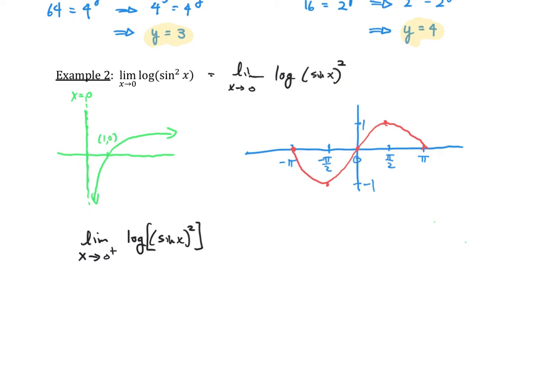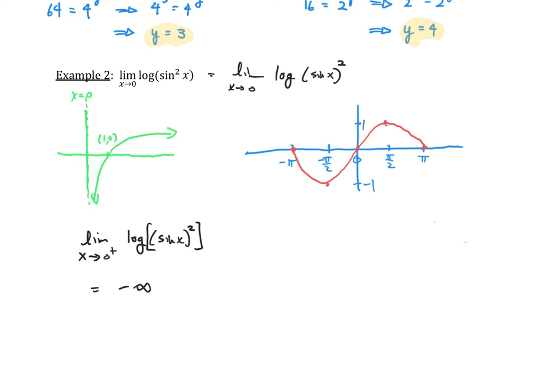What's happening here is that we're plugging in numbers and they're getting closer and closer to 0. When you square them, it still gets closer and closer to 0. As you look at the logarithm graph, the green graph, as you get closer and closer to 0 from the positive side, you're going to go to negative infinity. So when we come from the right, this is equal to negative infinity.